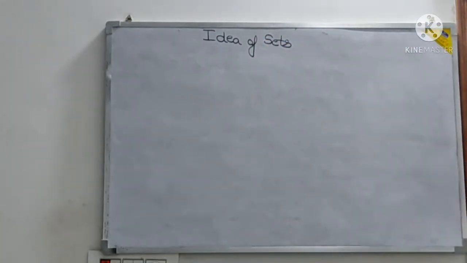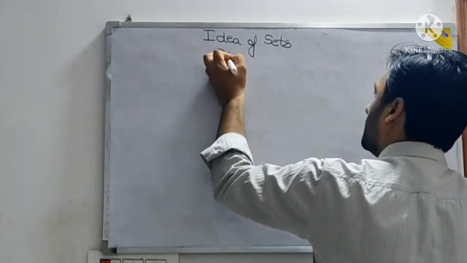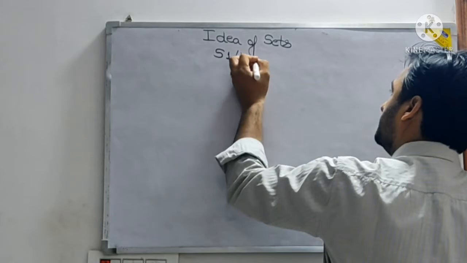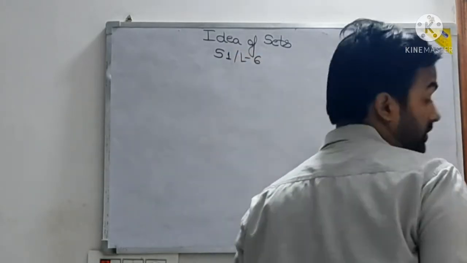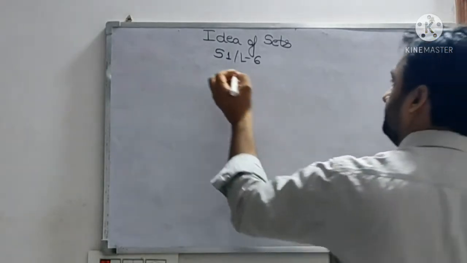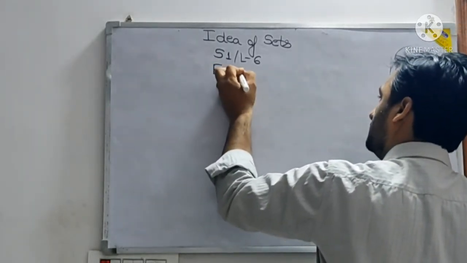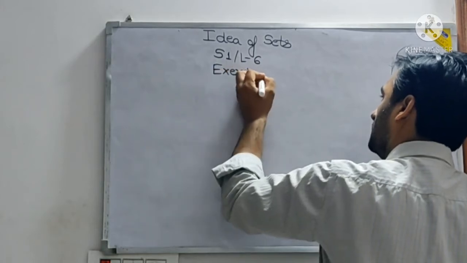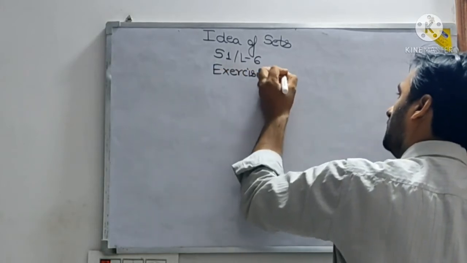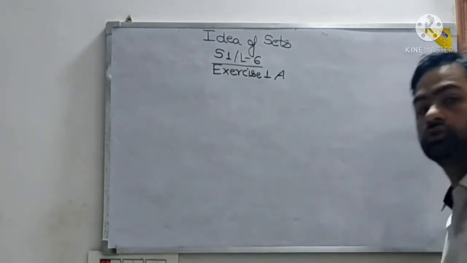In the idea of sets, it is the 6th lecture. S1 means first chapter and L6 means 6th lecture on this topic, and exercise 1A. See, all this which I am writing, I am maintaining in my copy also.